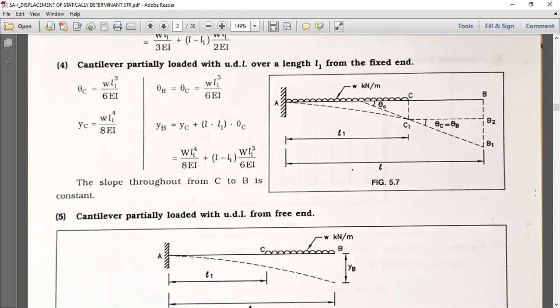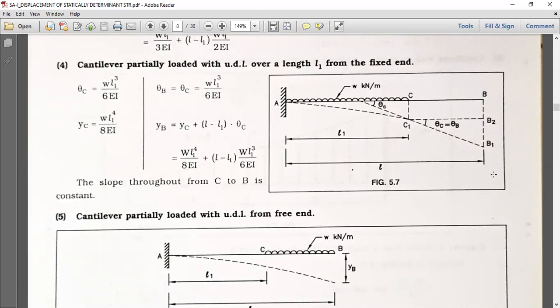Theta B is equal to theta C because both angles are similar. So theta C is equal to W L1 cube divided by 6 EI, and theta B is the same, W L1 cube divided by 6 EI.